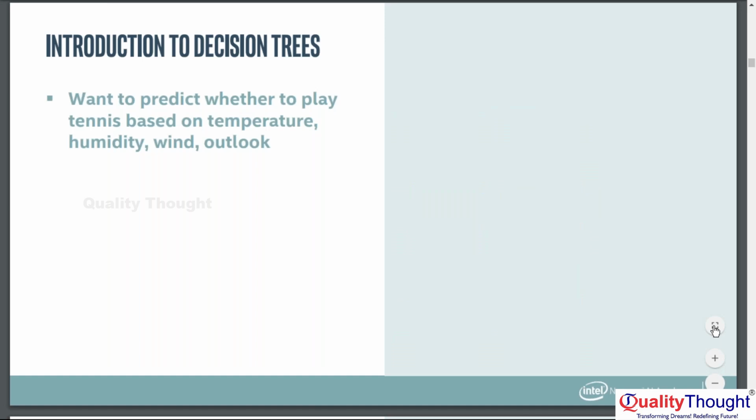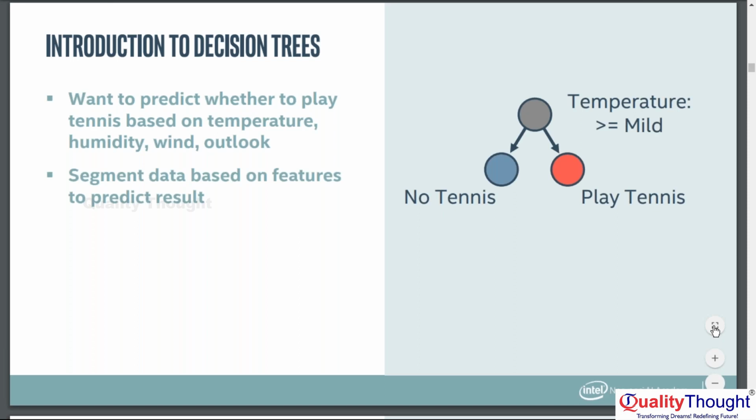So we wanted to predict whether to play tennis based on the temperature, humidity, wind and outlook. Here you could see that temperature is greater than or equal to mild. If you wanted to take a decision based upon the temperature, you can decide whether to play tennis or no tennis.